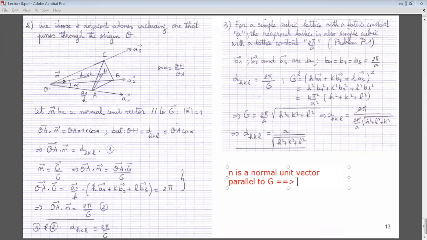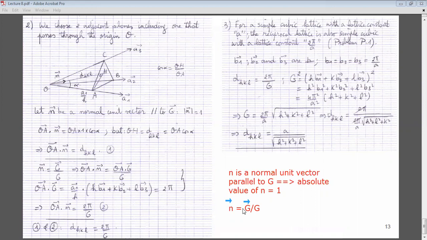This means that the absolute value of n is equal to 1. And this also means that vector n is equal to vector G divided by G. In order to get the absolute value equal to 1, because if I take the absolute value of G divided by G, which is the absolute value of G, I will get 1, and it is parallel to it.